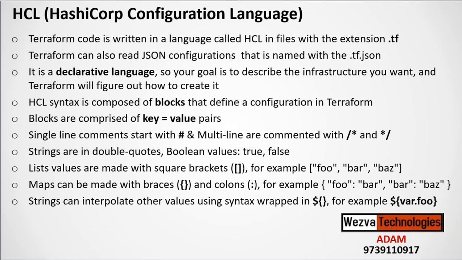Okay, so when you're writing this syntax, you will see a lot of things where you write the syntax in terms of a block. So what do you mean by block? Block means you will open a curly bracket, close a curly bracket, and within that you will write some syntax. That is what we call a block.